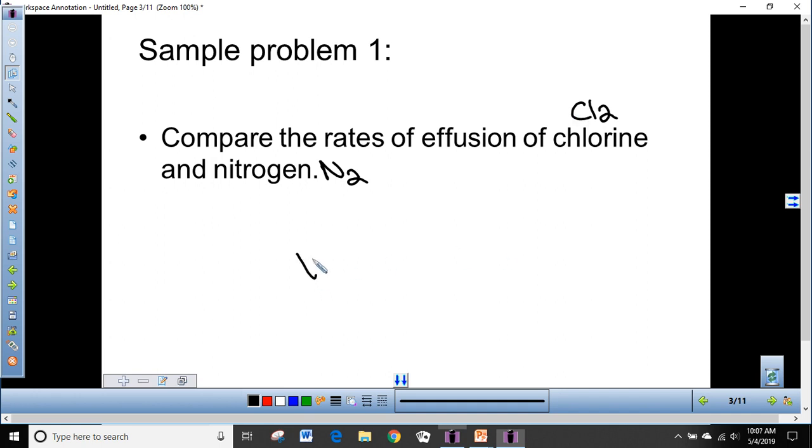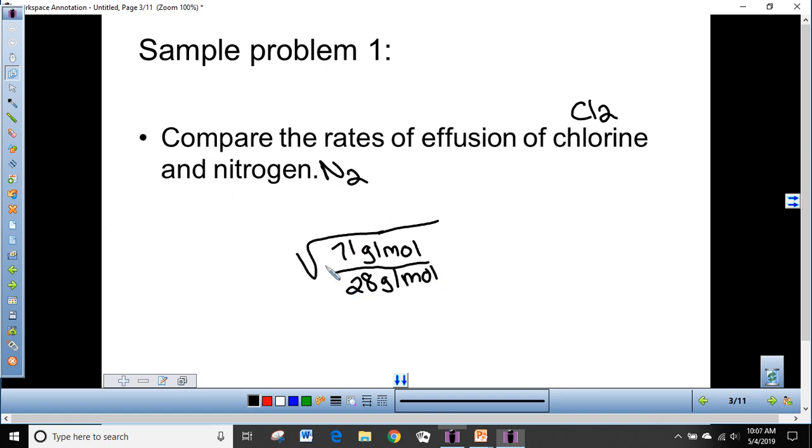I'm going to take the square root, and the heavier one would be chlorine. Chlorine is 35.5, but times 2, we get 71 grams per mole. And for nitrogen, nitrogen's 14, but times 2, we get 28 grams per mole.